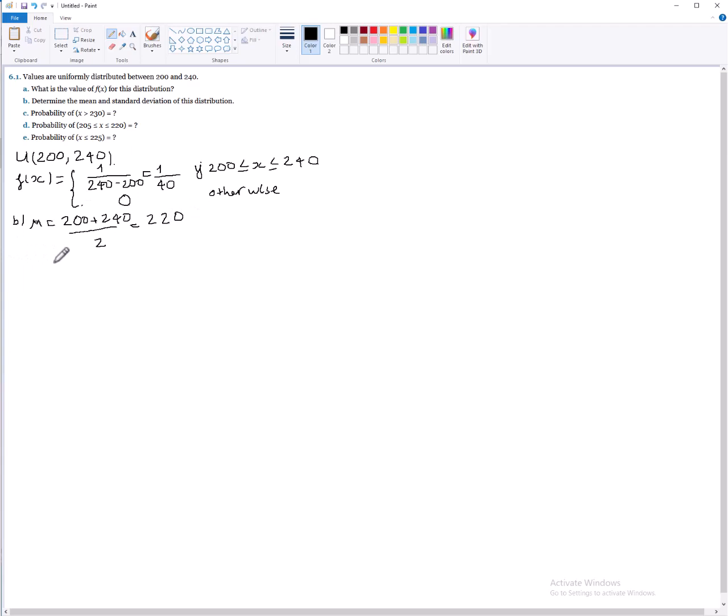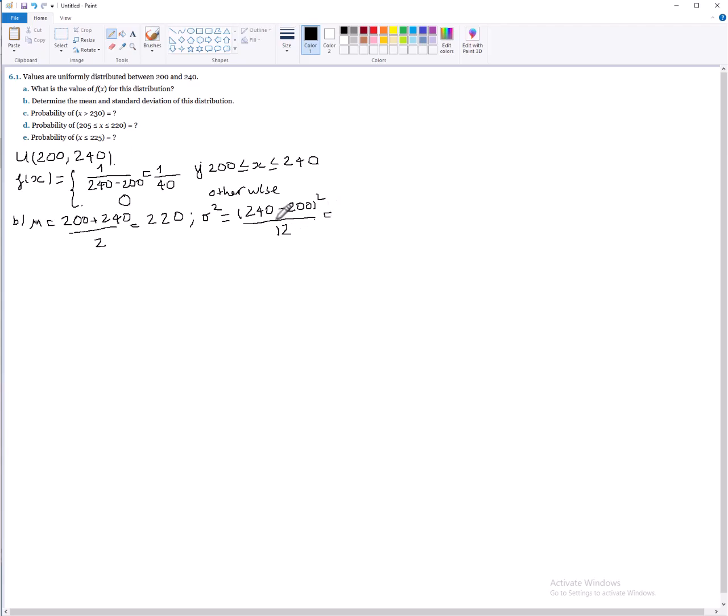In terms of the standard deviation, you need to find the variance first, right? So sigma squared is going to be b minus a, so you take the high limit minus the low limit, right? 240 minus 200, squared, and divide by 12.